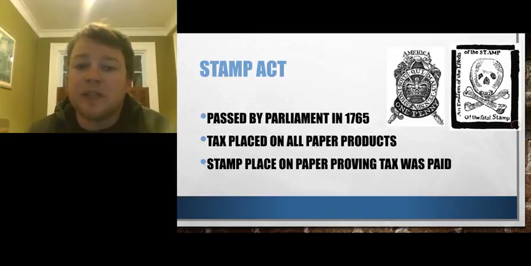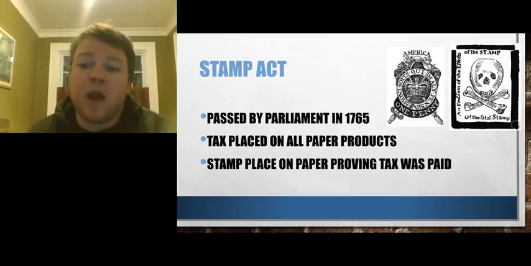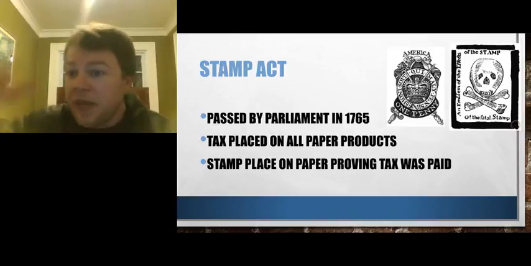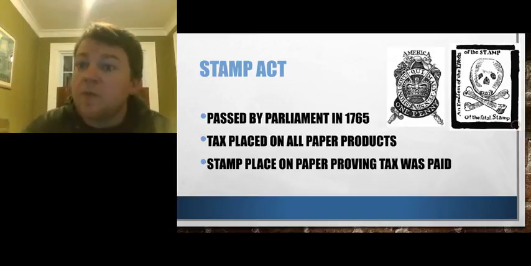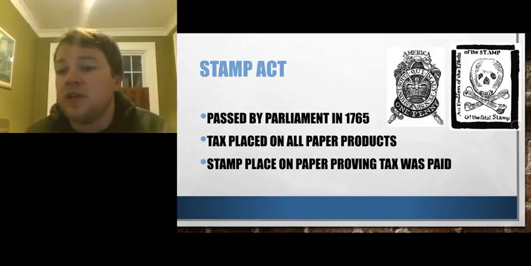The stamp would be placed on all paper products, so newspapers, playing cards, legal documents, wedding certificates, anything, just run-of-the-mill paper for journals, anything that was a paper product that you were going to be using would have this 1 cent penny. And it would be on every single page. So if you bought a newspaper, that tax may be 5 or 6 cents, not just the 1 cent.